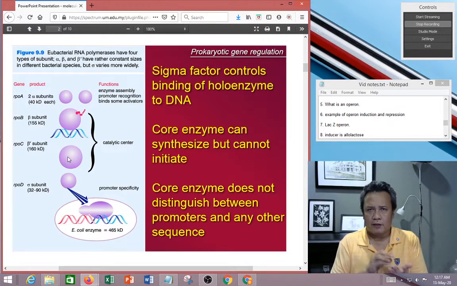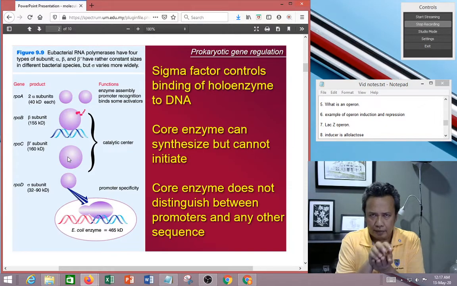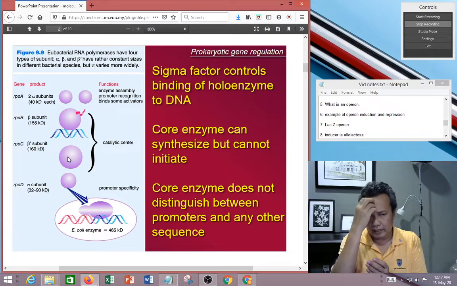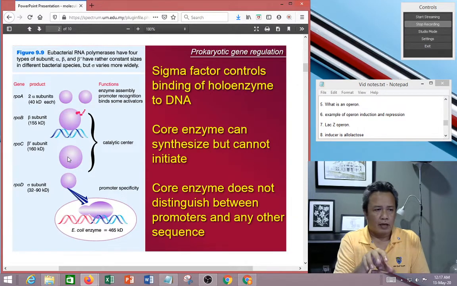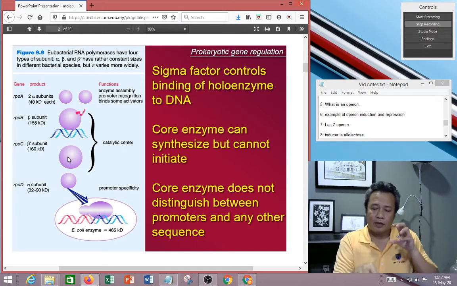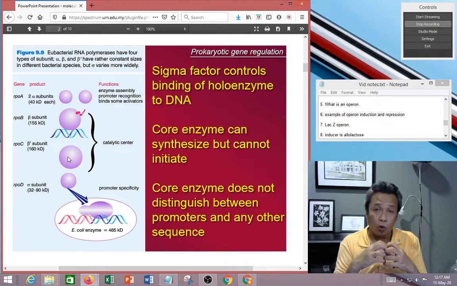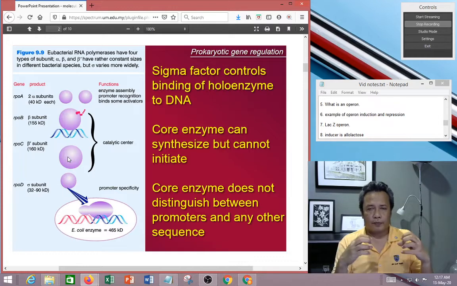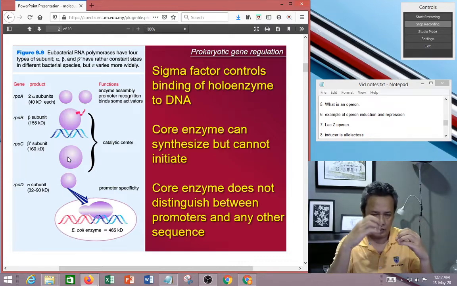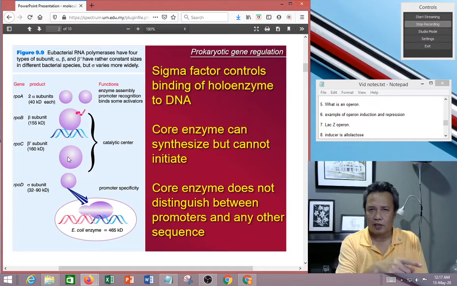So alpha 2 beta beta prime is the enzyme that does transcription, and that is what you call the core enzyme. In order for the core enzyme to recognize promoter sequences, it requires the help of the sigma factor. When sigma factor binds to the core enzyme, this is called the holoenzyme. The holoenzyme is made up of the sigma factor and the core enzyme. The core enzyme is made up of alpha 2 beta beta prime.